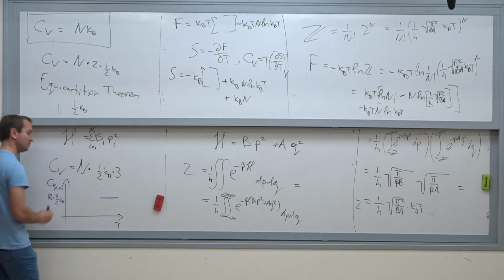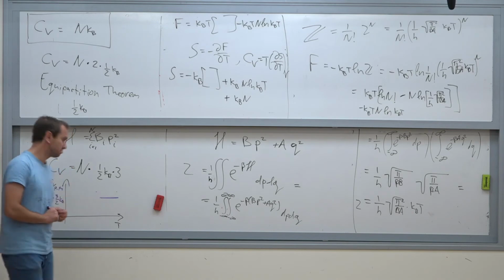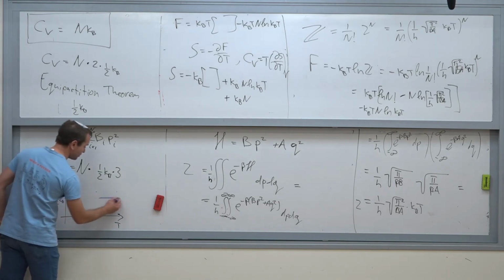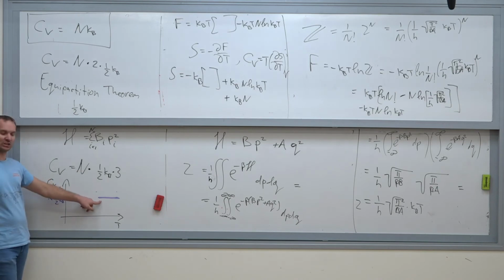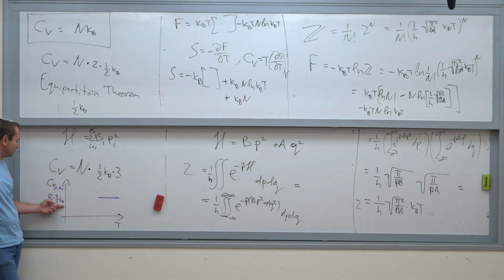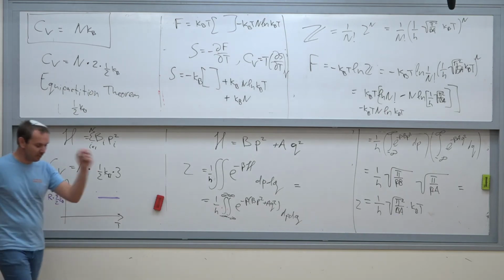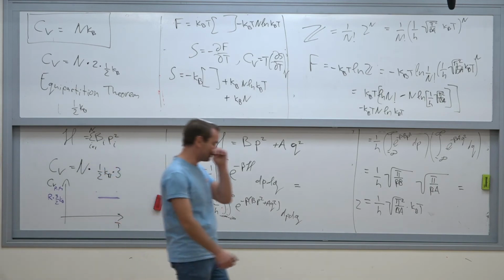Now, you can measure your heat capacity and compare it to your prediction. You're saying, well, this is exactly what I got, so I have particles with only translational degrees of freedom.